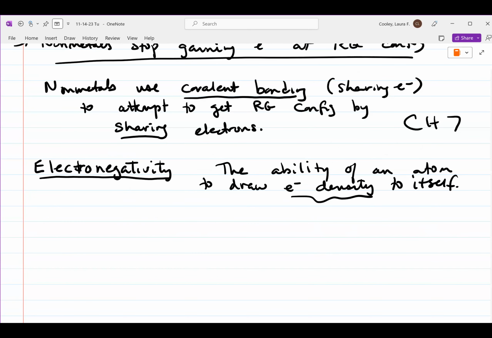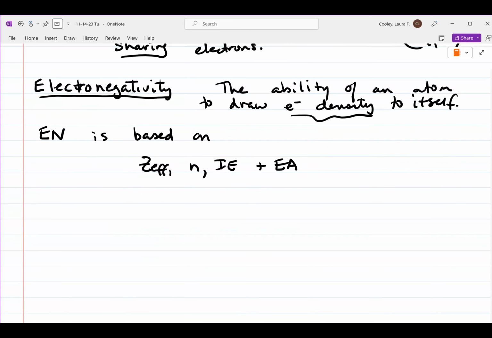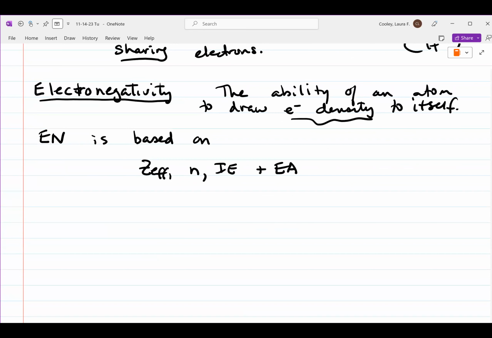Electronegativity, this ability to pull electrons towards an atom, depends on all of these properties. Electronegativity, which I call EN, is based on all these properties that I've been discussing: Z effective, n, ionization energy, and electron affinity. I'm not going to tell you the formula used to calculate an electronegativity value, but basically, the higher the Z effective, the higher the electronegativity.